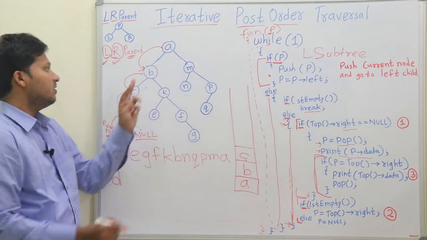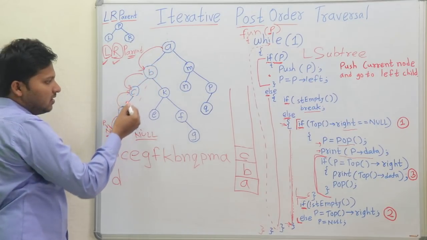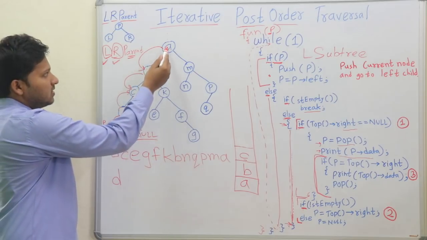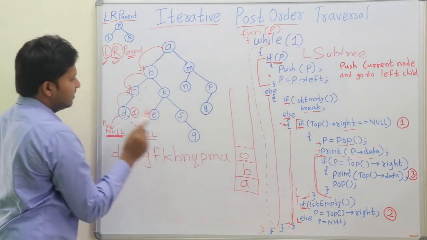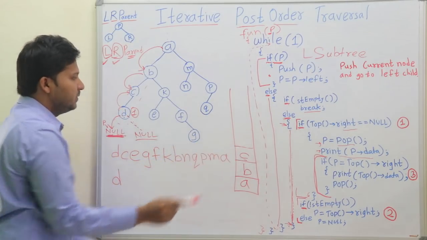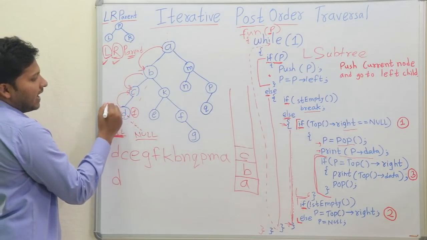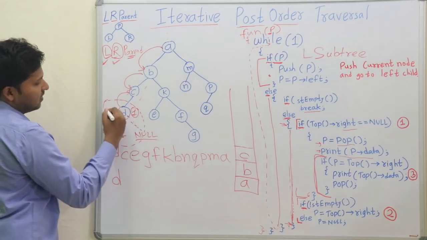You can look here, all the left children are stacked here. First A is there, then B is there, then C is there, then it was D. Now D is processed, now is the turn for C. For node C, as D is processed, that means the left subtree is processed.